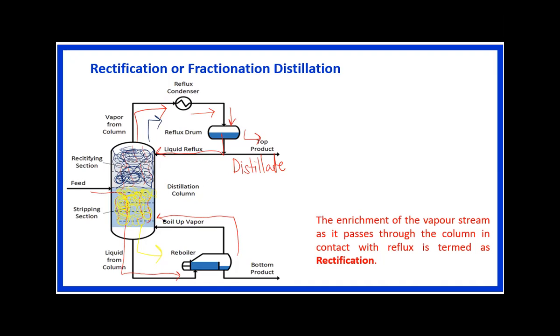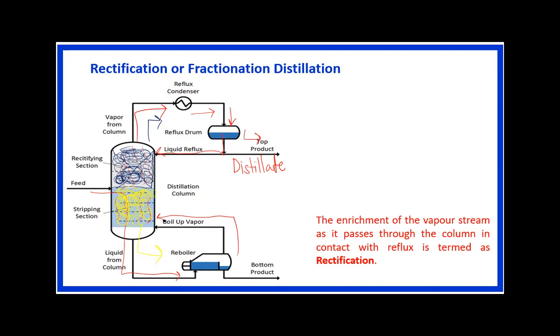Now this liquid as well as vapors are at the bubble point and at the dew point respectively. It means if the liquid is heated or its temperature increases, as it is at its bubble point, the more volatile component is going to start to vaporize, and the vapors are at their dew point. It means if the temperature is reduced, the vapors are going to convert into liquid droplets, called dew.